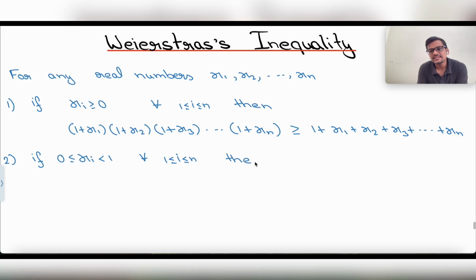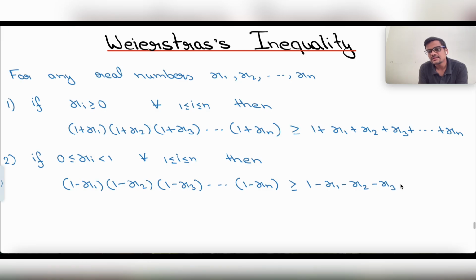Then it will satisfy the inequality: the product (1 - x1)(1 - x2)(1 - x3) up to (1 - xn) will be greater than or equal to 1 - x1 - x2 - x3 - up to - xn. So these are the two inequalities given by Karl Weierstrass.